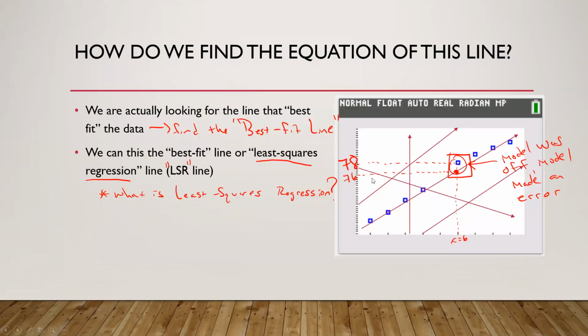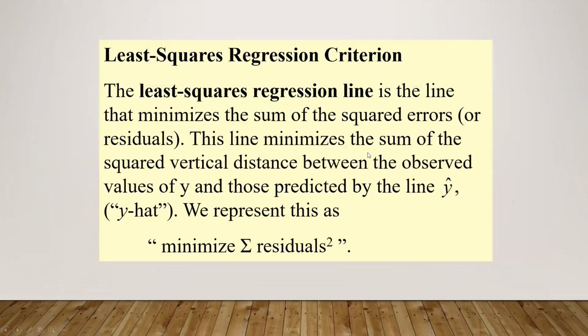So this 78 here, this is the observed value, the actual value. And what we call the predicted value, predicted by the line, we denote with this notation here. It's y hat. It looks like the y value with a little cap on top of it. It's literally just called y hat.